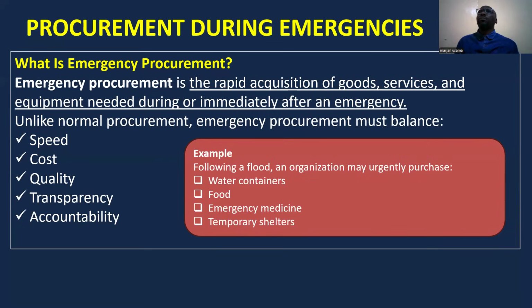Then cost. We have to ensure that we have enough money in our accounts to buy. Then the quality of the things that we are going to buy should also be considered. Then shafafia, because during the times of disaster, most of the time you find that there is some corruption.